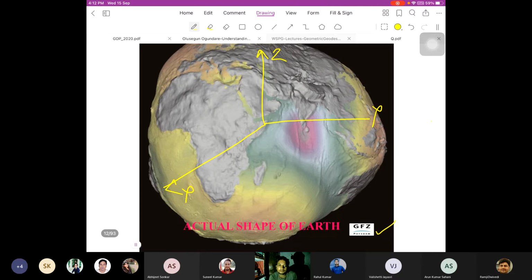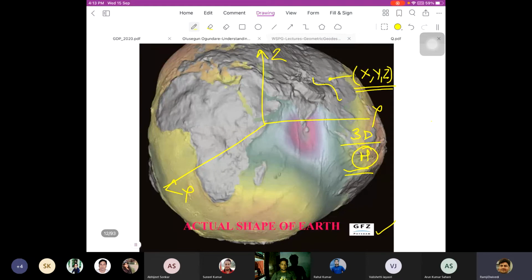But any point on the surface of earth is defined by x, y, z, and more importantly, the three-dimensional position consists of height also. The height value comes from multiple understandings. One understanding is that if we are working in a global perspective, we need to take up the global geoid.